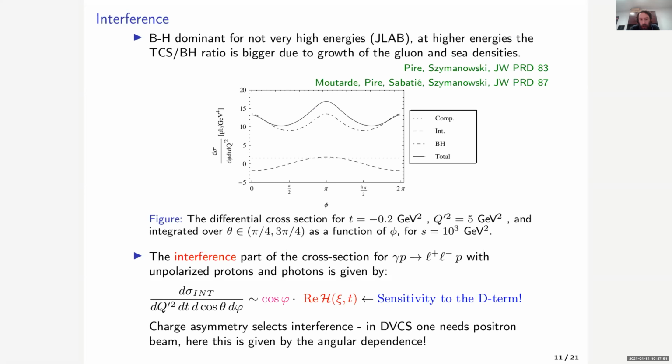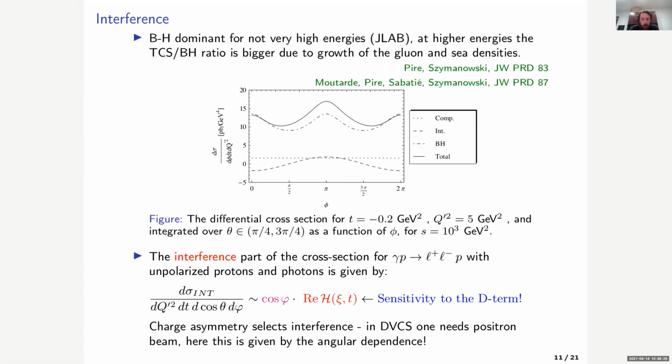So we need to find more differential observables, and this interference term is very nice also because it's sensitive to the real part of H. You see that this interference term is proportional to cosine phi times the real part of the Compton form factor H. This one is not easy to measure in DVCS. You need a beam charge asymmetry for that, which is not easily accessible.